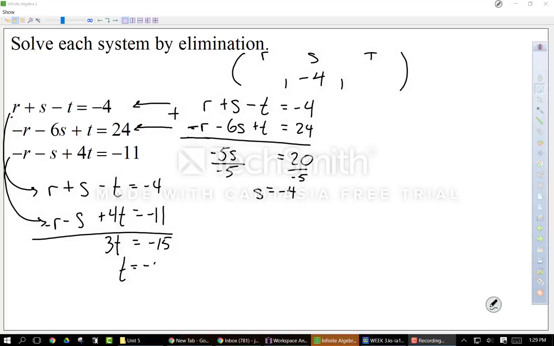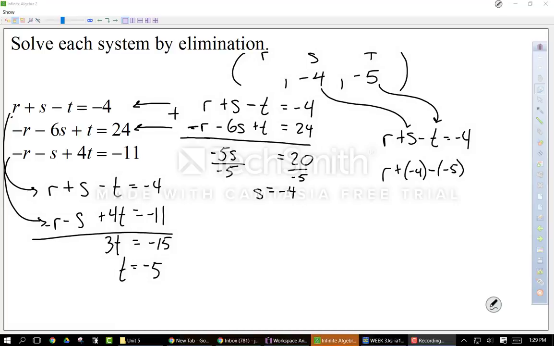T is equal to -5. So I know my T value, -5. How do I find my R value? Well, let's take our first equation again. It's R plus S minus T equals -4. Plug in my S, plug in my T, and solve for R. R plus negative 4 for S minus negative 5 for T equals negative 4.